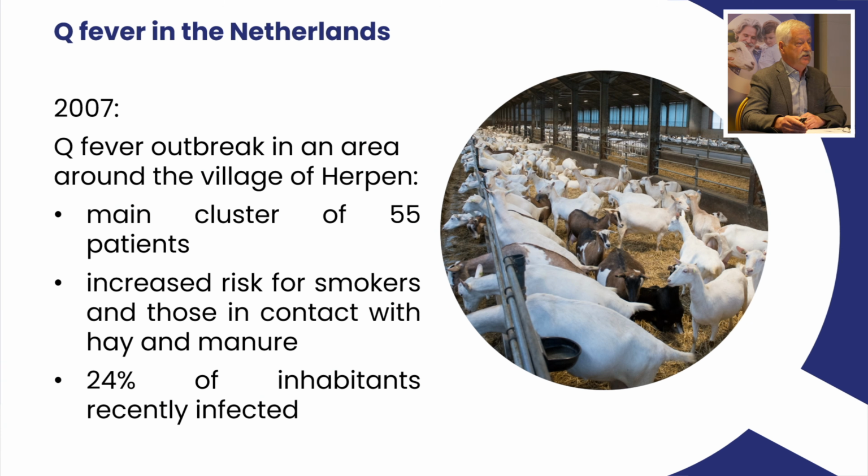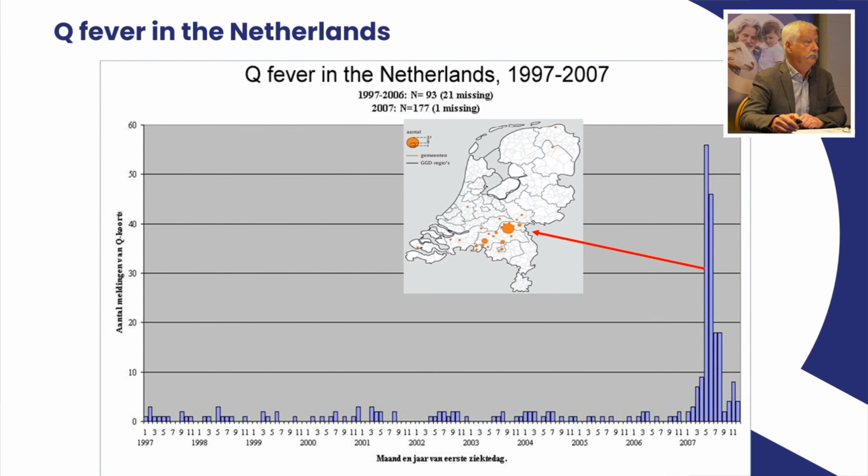We saw an increased risk for smokers and those in contact with hay and manure, so contact with probably the farming industry. We did a seroprevalence study in the village of Herpen, and we found that 24% of the inhabitants of that village had recently seroconverted.